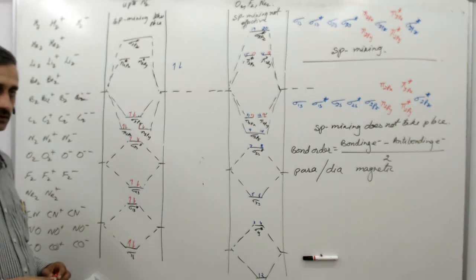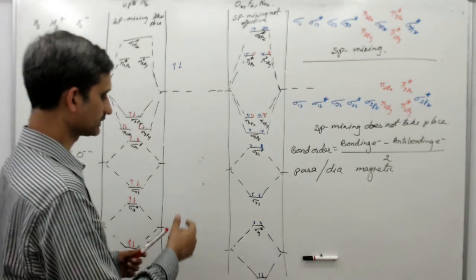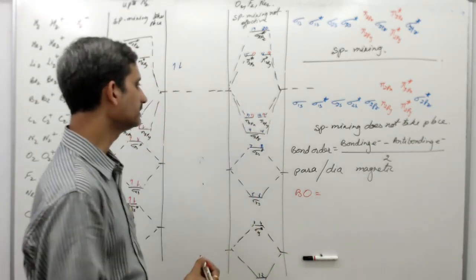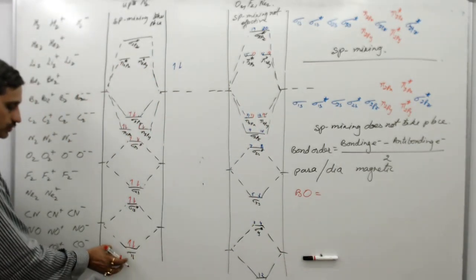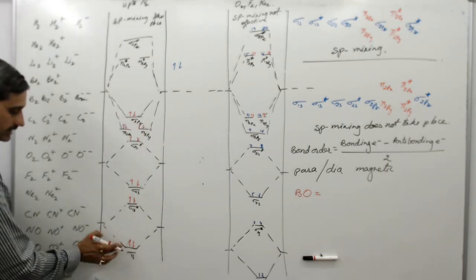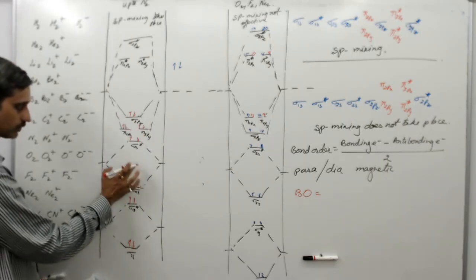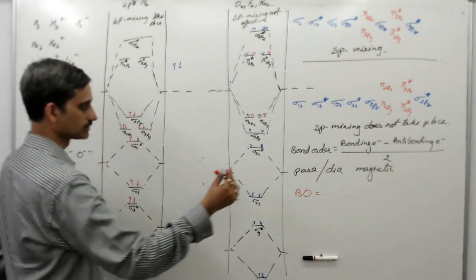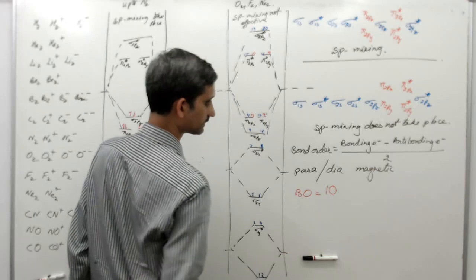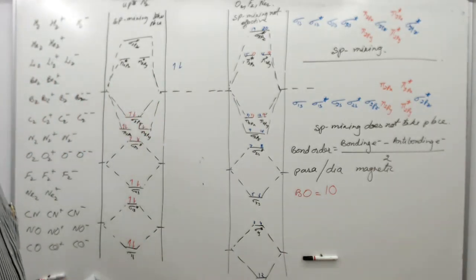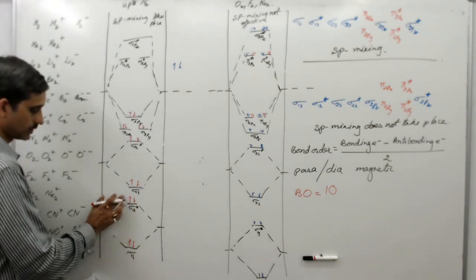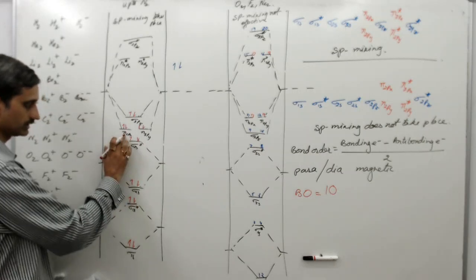Okay? Yes, sir. Now let's find out the bond order of nitrogen. How many bonding electrons? Bonding electrons are the ones which do not have the star with them. Like 1, 2, 3, 4, 5, 6, 7, 8, 9, 10. So the bonding electrons come out to be 10. Talking about anti-bonding electrons, we have the electrons with star: 1, 2, 3, and 4.